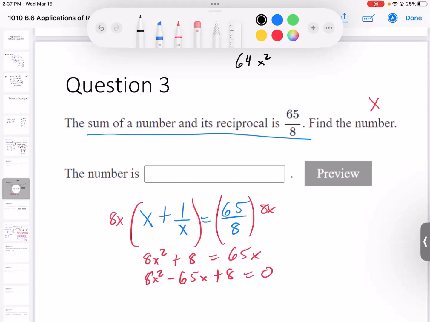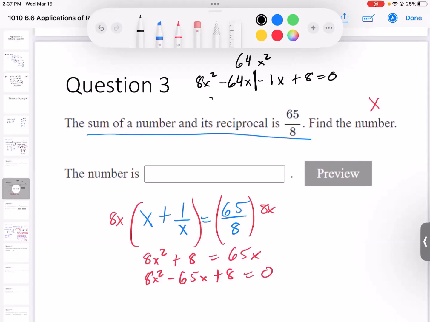And what are two things that multiply to equal 64 and add to negative 65? They would have to both be negatives in this case because we want them to add to a negative 65. But if you do a negative times a negative, it will be a positive. So I'll have 8x squared minus 64x minus 1x plus 8 equals 0.